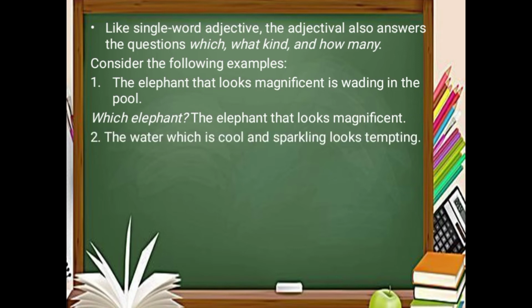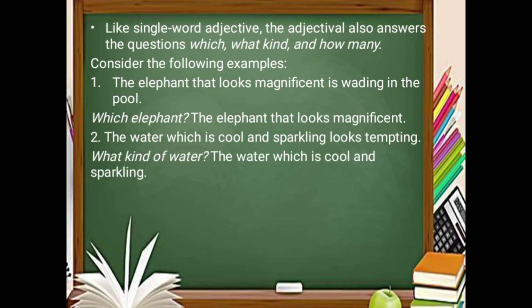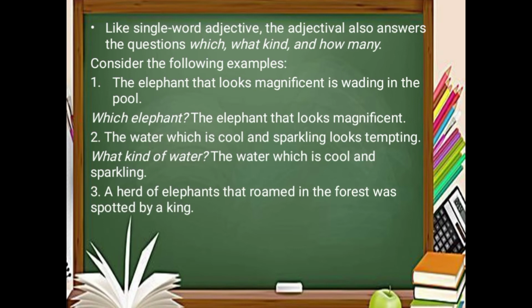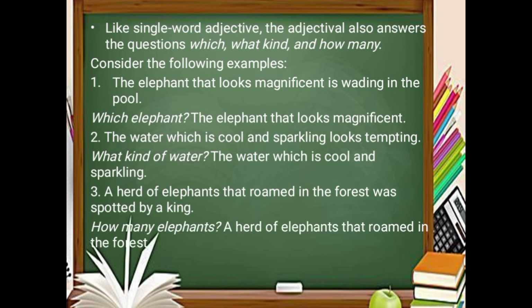The water, which is cool and sparkling, looks tempting. What kind of water? The water which is cool and sparkling. So it can also answer these questions. A herd of elephants that roamed in the forest was spotted by a king. How many elephants? A herd of elephants that roamed in the forest.